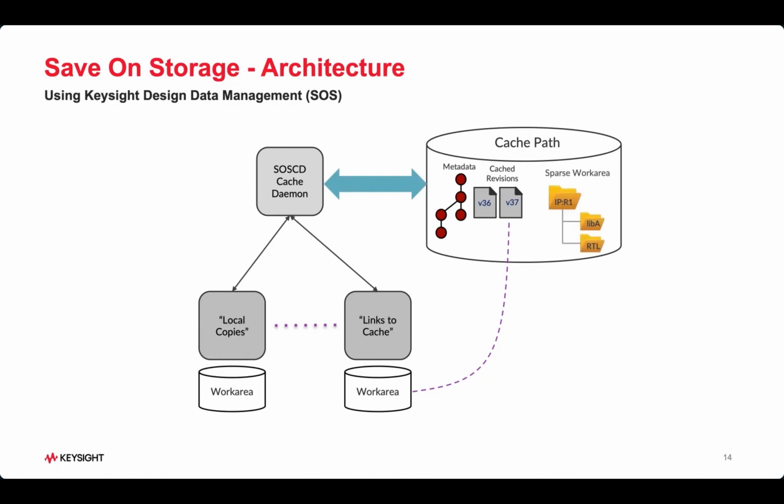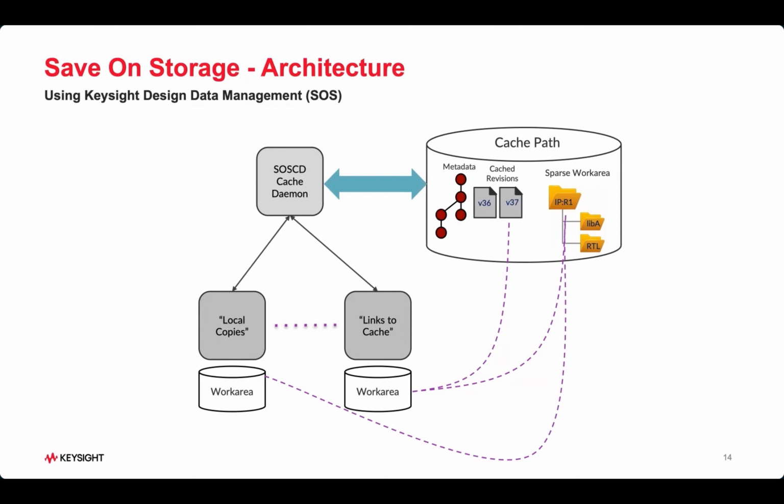Now with the sparse populate, what happens is you would have the IP content there, and you would have various releases of the IP content in the cache location. And this way, both of these work areas, regardless if it's local copies or links to cache, will have a symbolic link pointing to the IP release 1 that they need for their project as well. So this is taking advantage of the best of both.